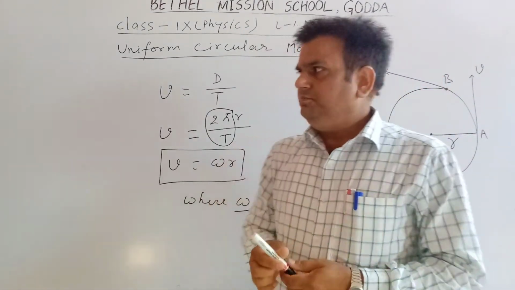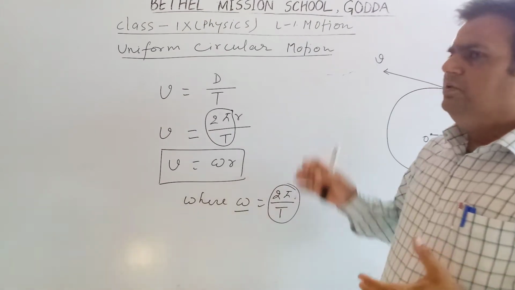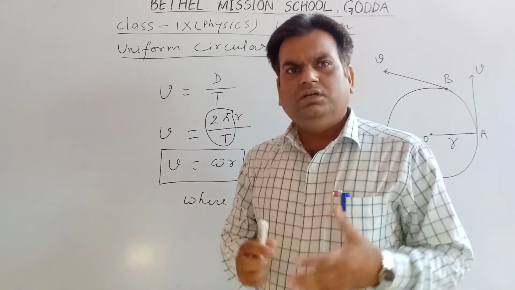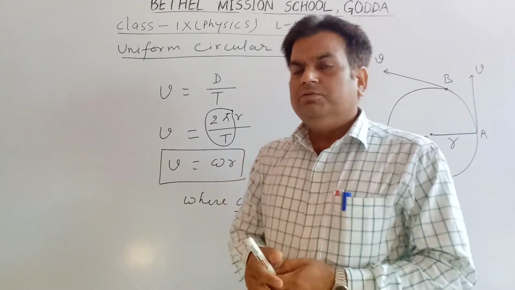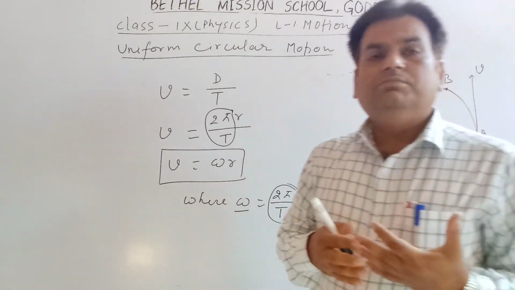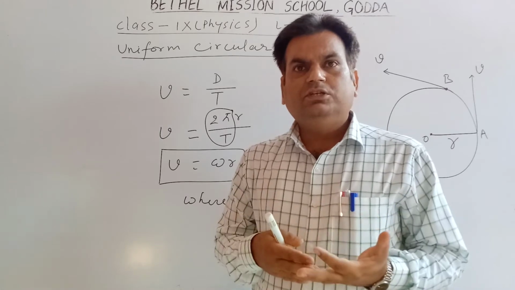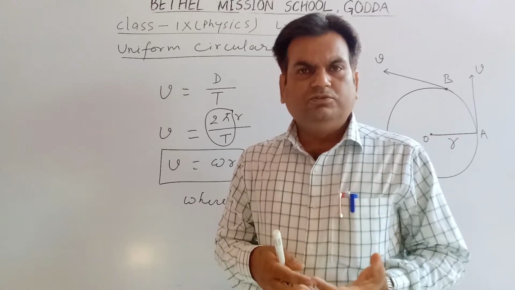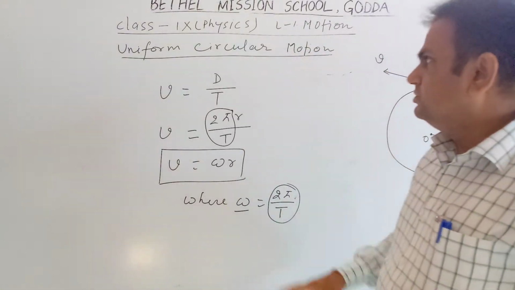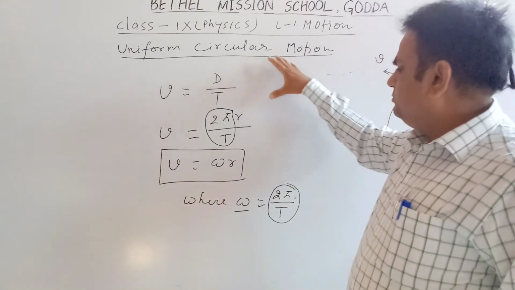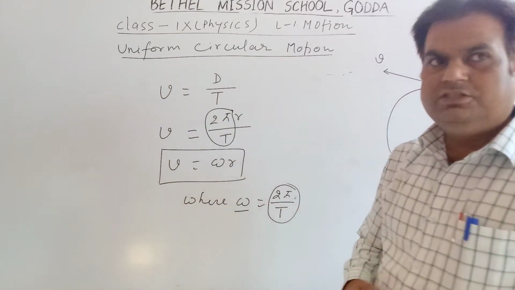Okay, so now we will see some numericals which are based on the equations of motion: the first equation of motion, second equation of motion, and third equation of motion. So this way your chapter has been finished.